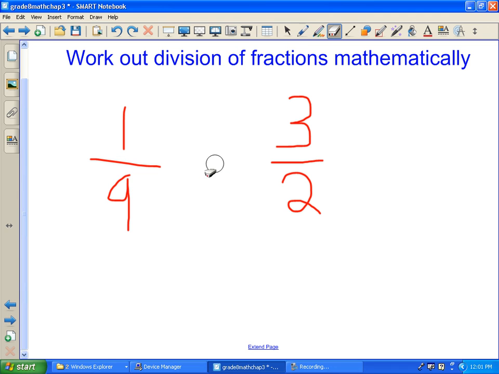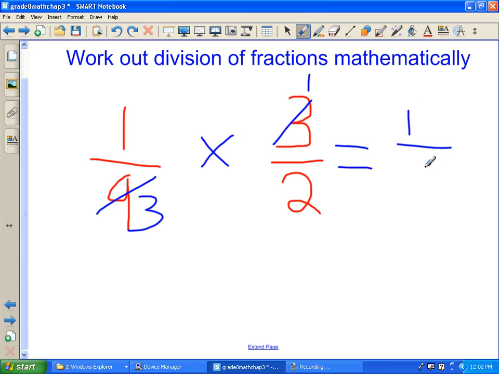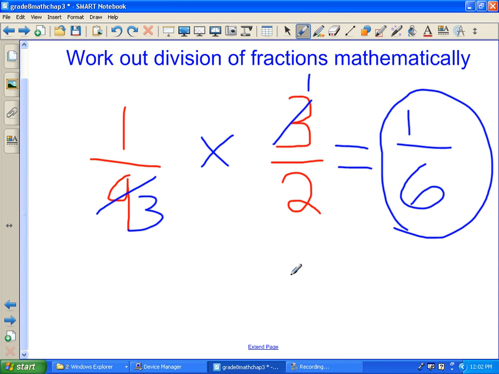I'm going to change my division to a multiplication because I flipped them over. Now it's pretty easy. But first, can I cross simplify? Aha! 3 goes into 3 once, and 3 goes into 9 3 times. So 1 times 1 is 1. 3 times 2 is 6. And there's our answer, 1/6.